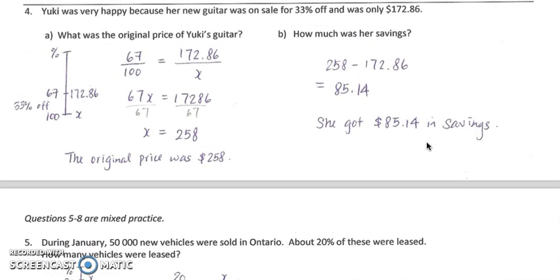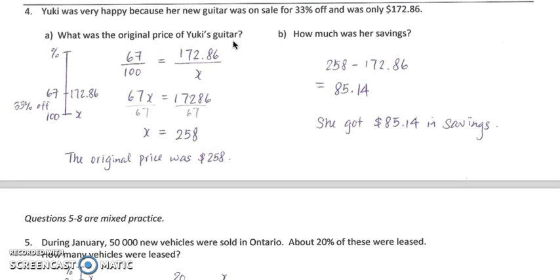Number 4. Yuki was very happy because her new guitar was on sale for 33% off and was only $172.86. A. What was the original price of Yuki's guitar?